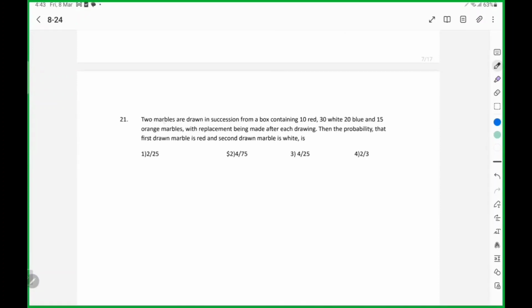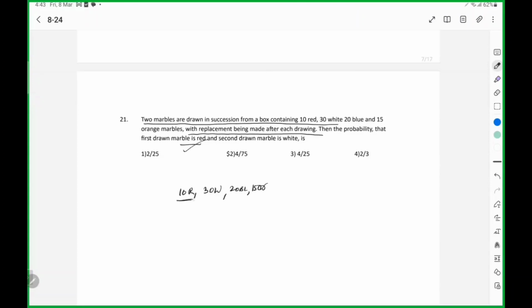In this problem, 2 marbles are drawn in succession from 10 red, 30 white, 20 blue, 15 orange, with replacement being made after each drawing. Probability that the first drawn marble is red. So he didn't draw at a time, he drew 2 balls, one after another.